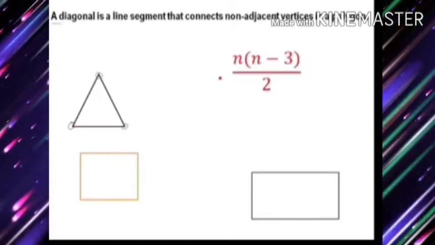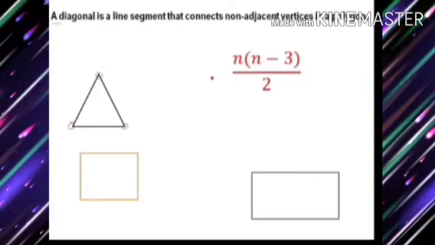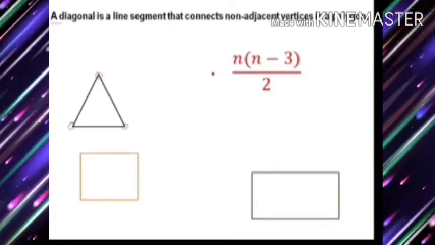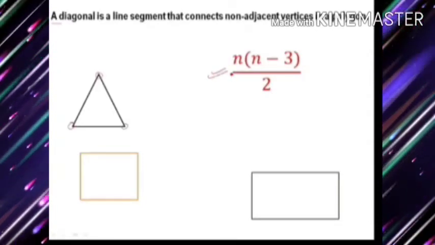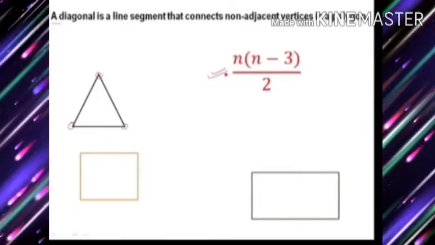Look at this polygon. The first one is a triangle. Is there any non-adjacent vertex in this polygon? No. So we will have 0 diagonals. This we will prove with a formula. And the formula is n into n minus 3 upon 2, where n is the number of sides in a polygon.